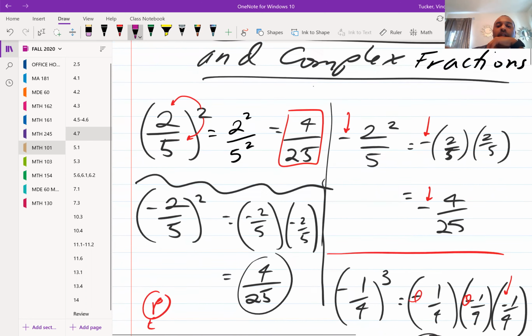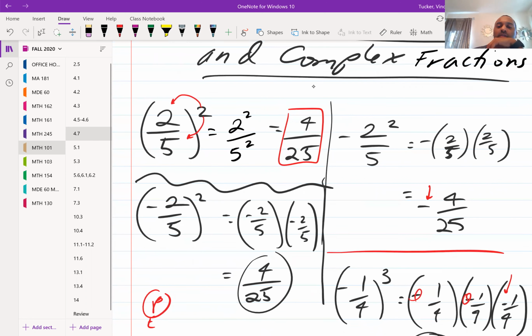Now comparing the next two, we're talking about negative 2/5 squared using parentheses versus negative 2/5 squared not using parentheses. We have to be careful here, because when we're using parentheses, that means we want to include the negative as a part of being affected by the square.